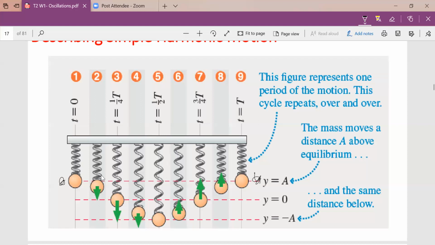So it started at point 0, t equal to 0, and it's going to end at t being the period of that oscillation. So if this is the rest point and up is positive, you pull it to an amplitude y equal to A, and you release it.